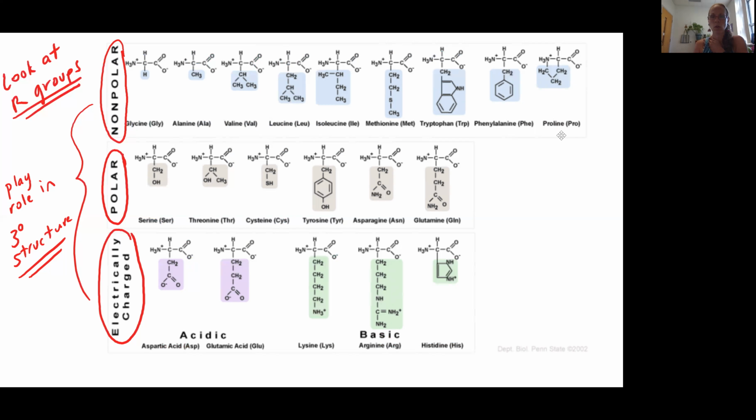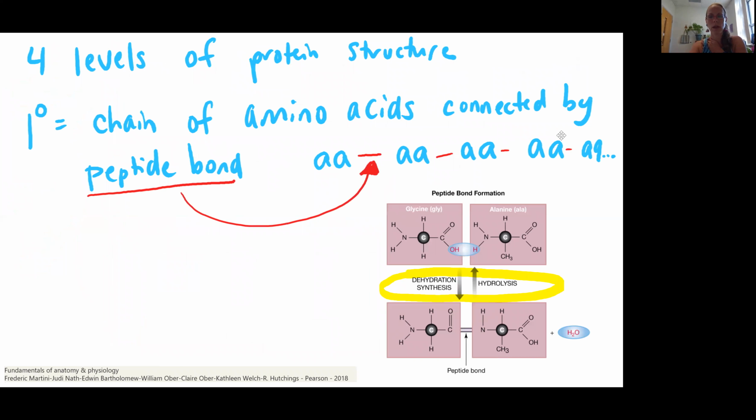Okay, so we said that our primary structure is a chain of amino acids. We will describe those amino acids as being connected by what's called a peptide bond. So we can see a picture here from our textbook showing us, again, here are 2 different amino acids.